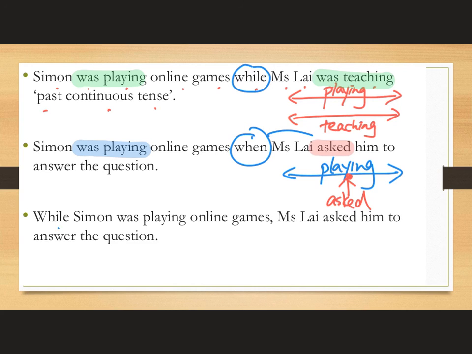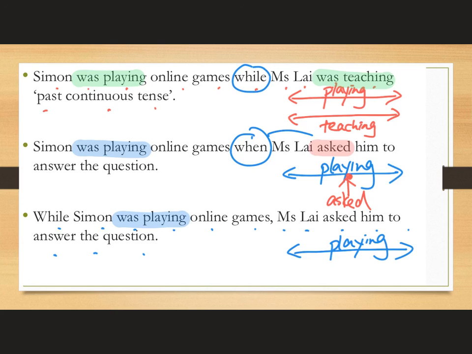Example 3. While Simon was playing online games, Miss Lai asked him to answer the question. Actually, it is the same situation as example 2. Playing online games is the long action, so we use past continuous tense, was playing.